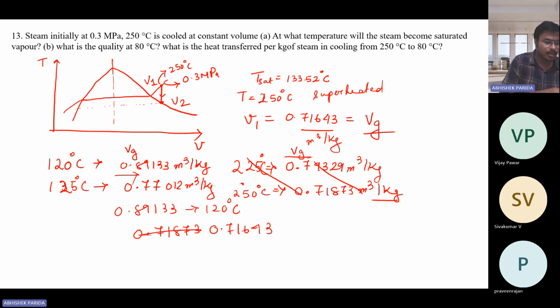It will be somewhat near, I think, 123, 124. Around that temperature you will get. I think 124 you will get. Just let me see.